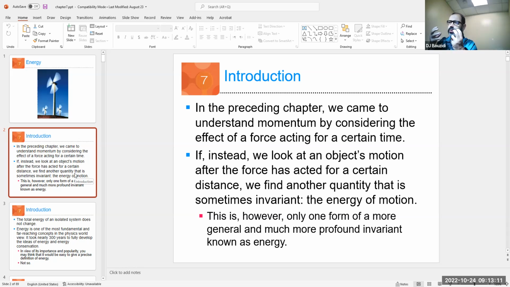Then people started to think about how the force does it. How does the force change motion? Because that's exactly what the second law says. If you take an object sitting at a given point and you apply force to it, obviously that object will change motion. You wait, and later you see the object has moved to this point.